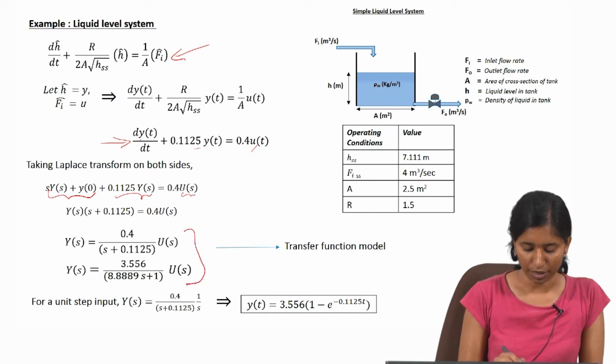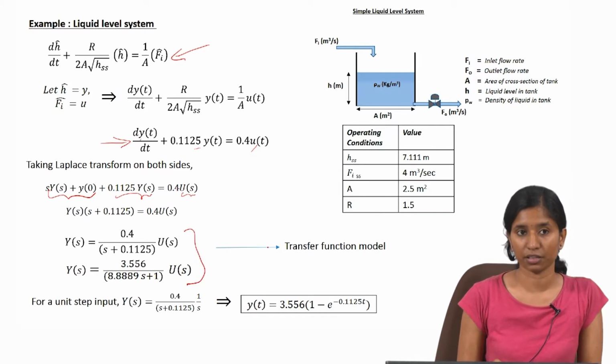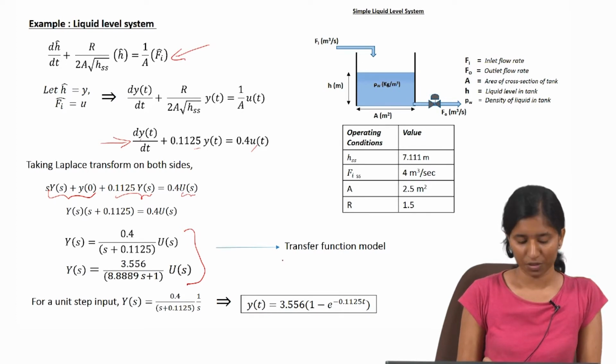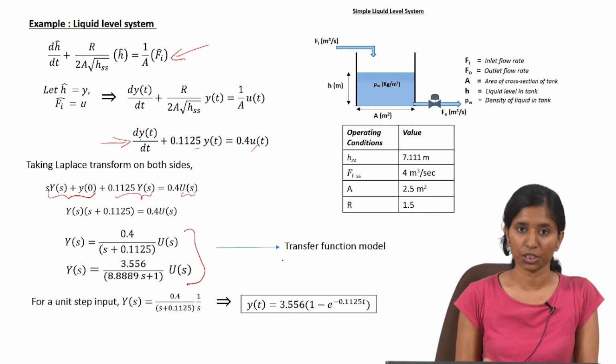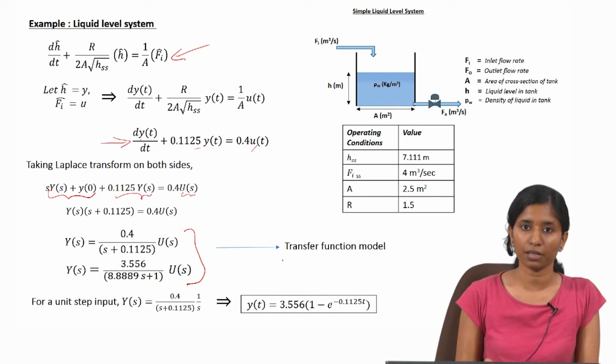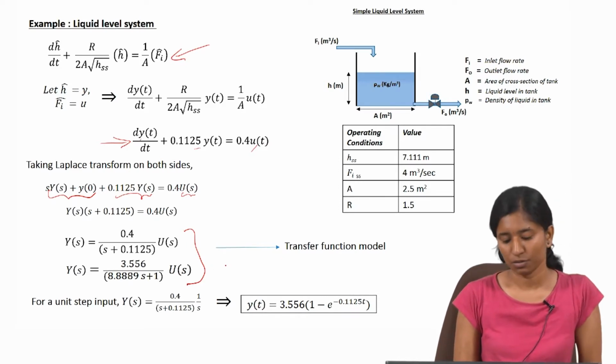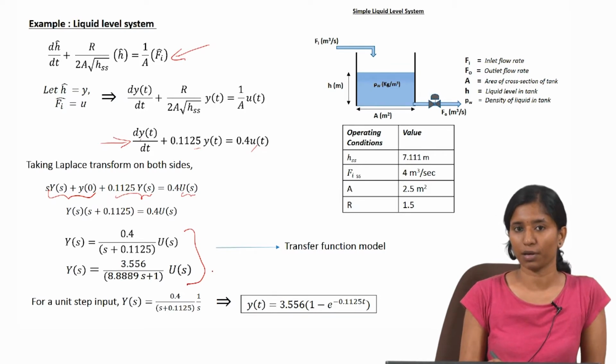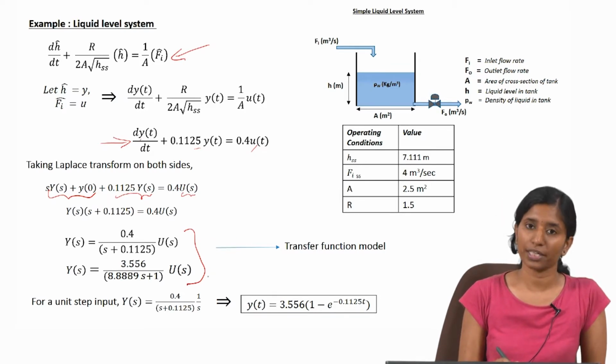This particular format is called the transfer function model, which is an algebraic expression relating the time domain or dynamic behavior of the input and output in the Laplace domain. This transfer function is quite popular, but we will talk about it in a bit.